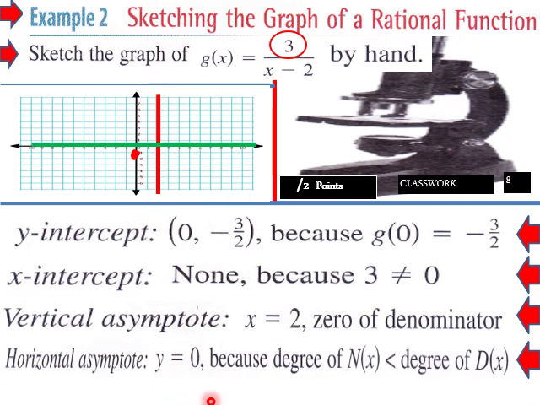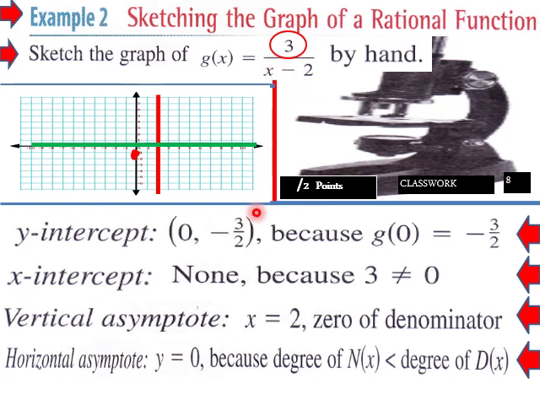And then the horizontal asymptote, y equals 0, because the degree of n of x, your numerator, is 0, actually. There is no degree up here. And then the degree of d of x would be 1 here.